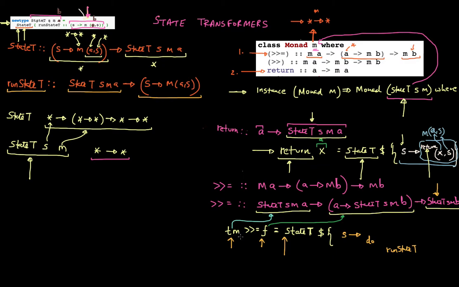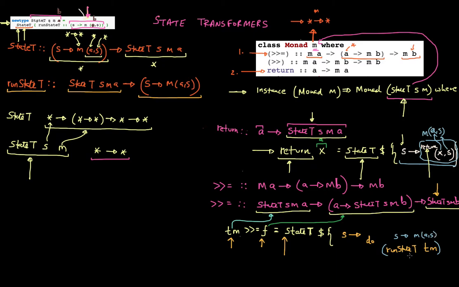When I run it on tm, what's going to happen? When I run it on tm, this entire piece is tm, I'm going to get back a function. This entire piece in blue is going to have a type of the following kind.